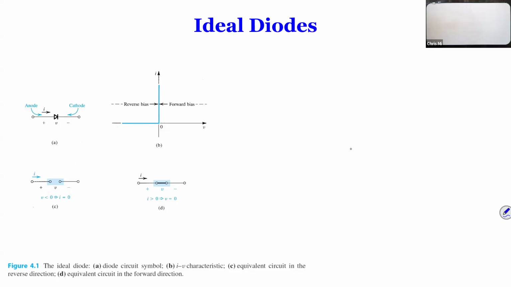Okay, so I'm just going to draw one more to complement what we had on the last slide. If you have a diode, actually, we're going to draw this one.